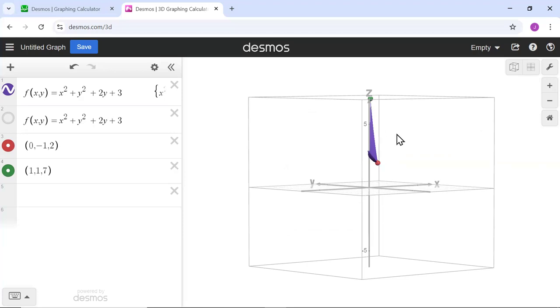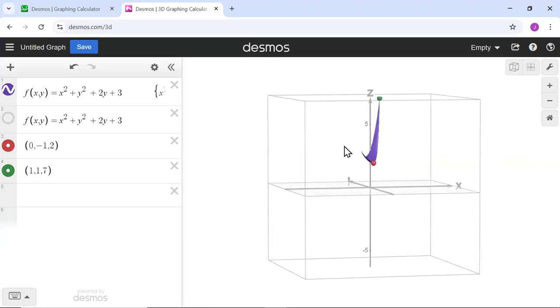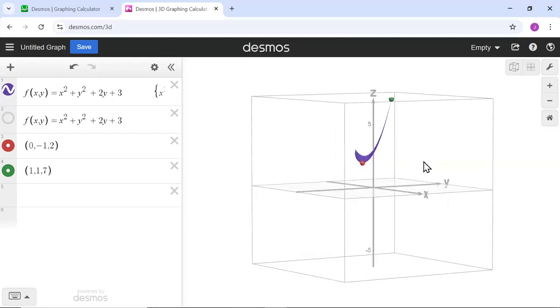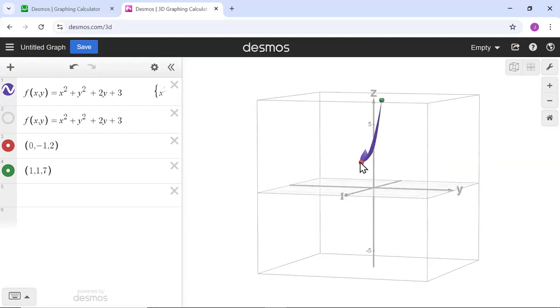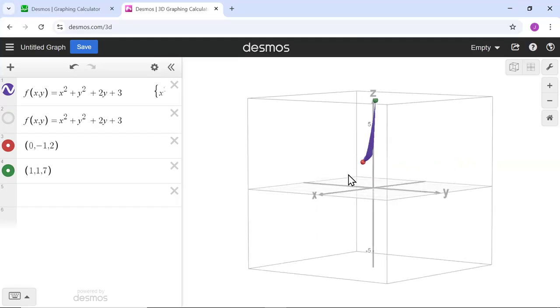The maximum point happened at that green spot. Minimum point, maximum point of that region. And again, this was just part of this bigger surface. This was the part of the surface that was over that bounded region.